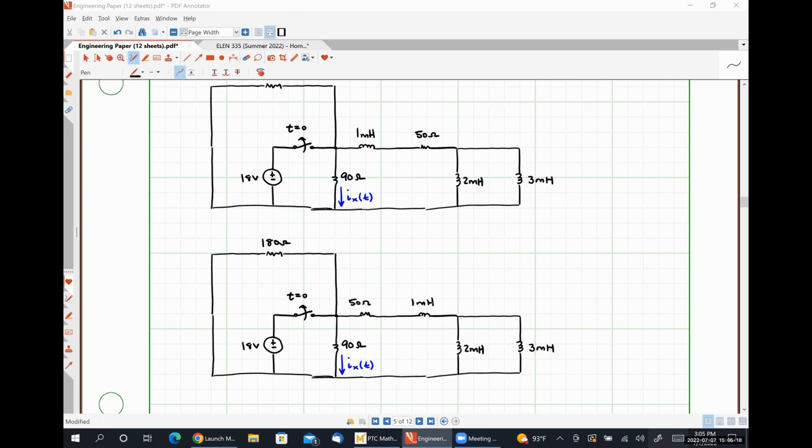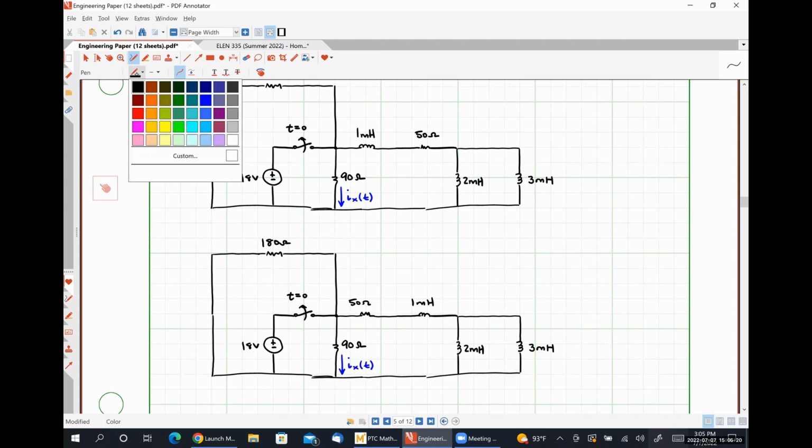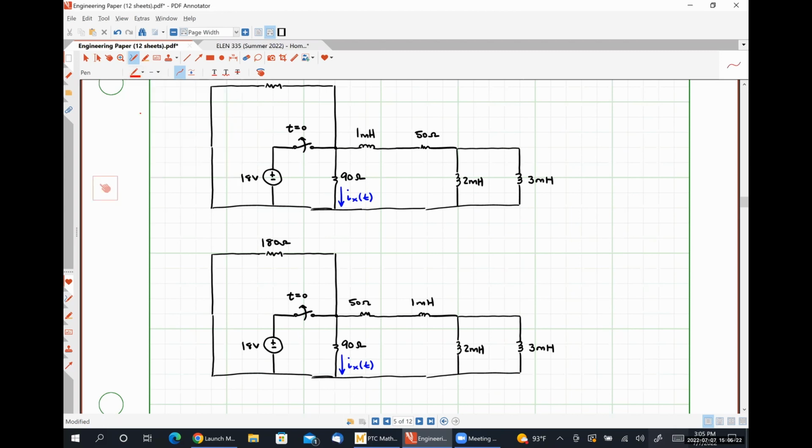Effectively, I could slap a set of terminals right here and replace everything to the right of those terminals with a single equivalent inductance. So let's go ahead and do that. What is the equivalent inductance that we see to the right of those terminals that I've drawn in red?